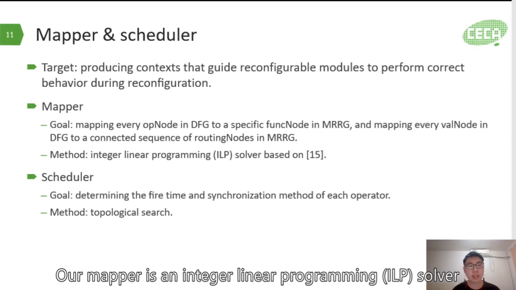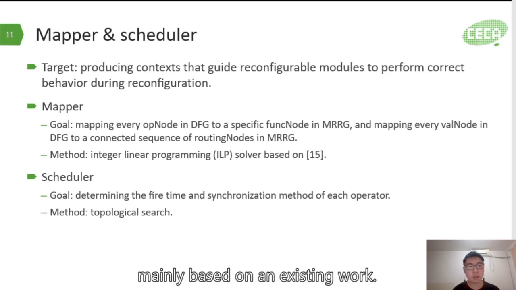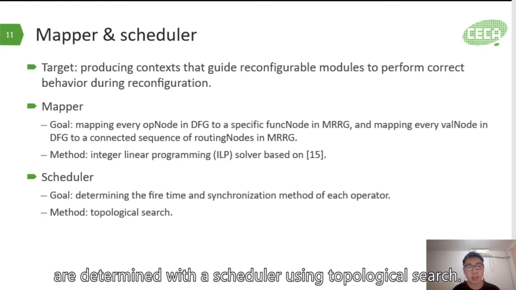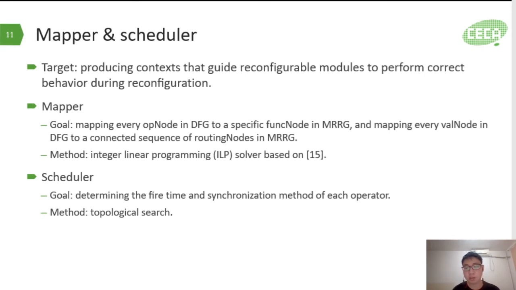Our mapper is an integer linear programming solver mainly based on an existing work. The firing time and the synchronization method of each operator are determined with a scheduler using topological search.